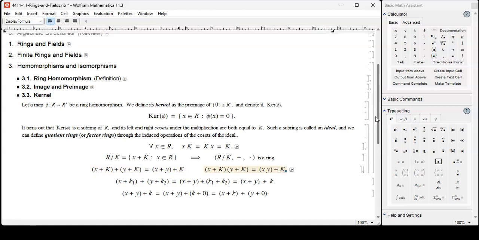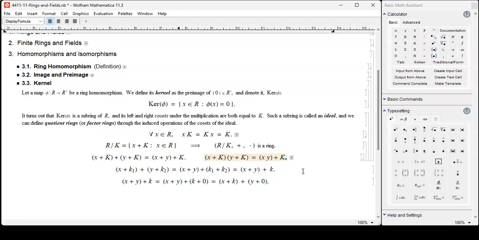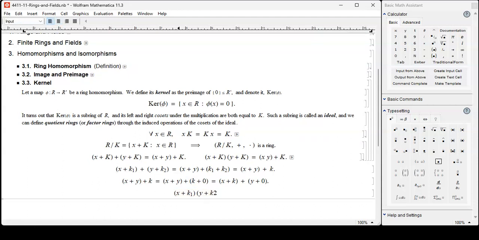Now, how about this one? Well, all right. (x + k1)(y + k2).